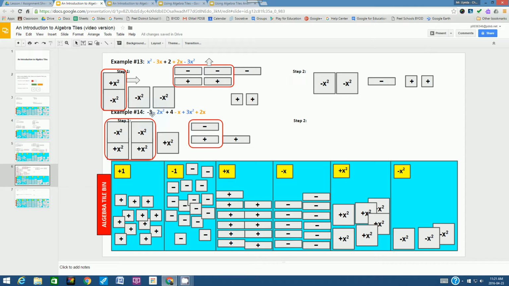All right, now I'm on my integers. I'm going to start with negative 3. And then I have to build positive 4, and I'll do that underneath.